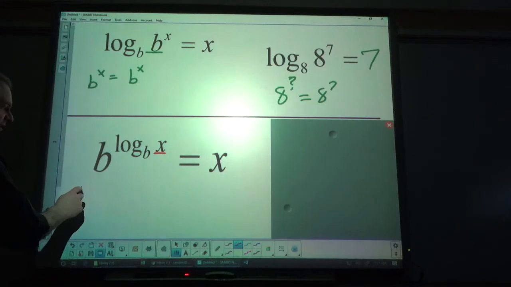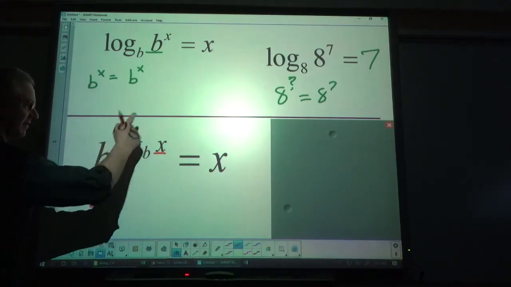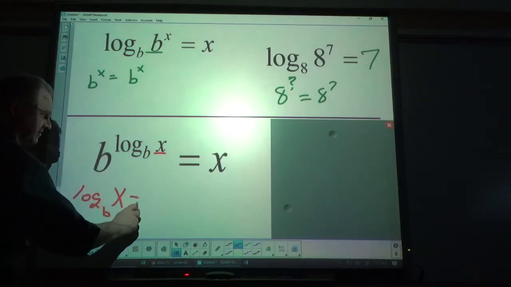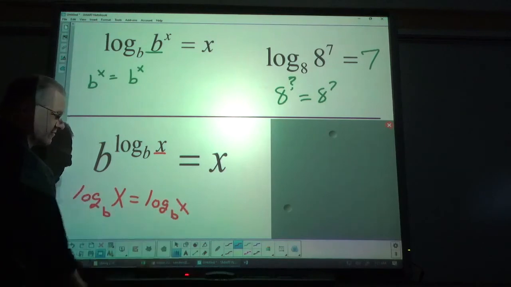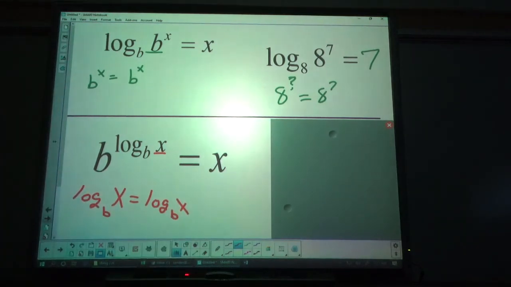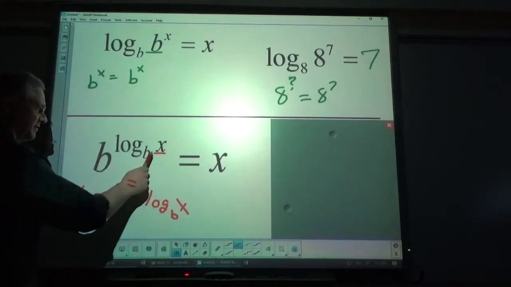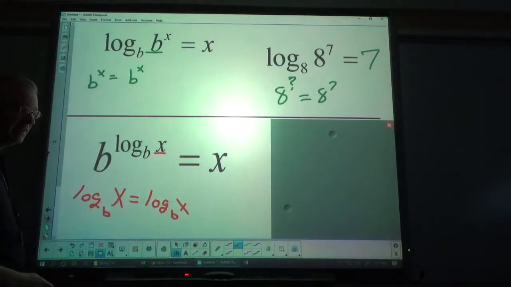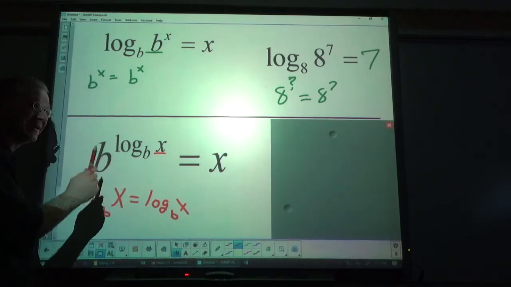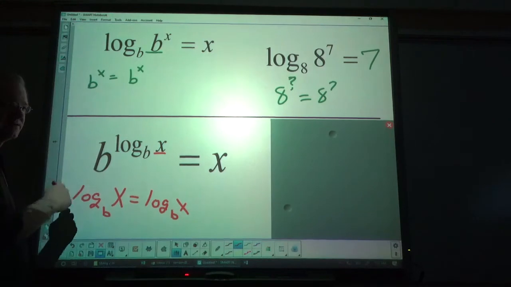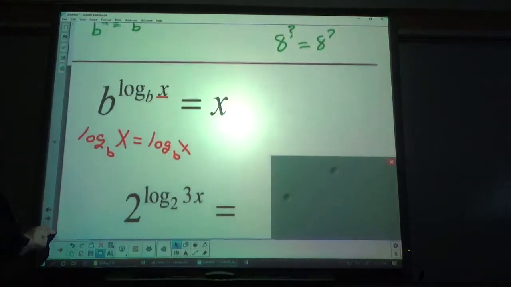If I write this as a log, log base b of x equals the exponent, log base b of x. So the answer is what you're taking the log of in the exponent when the base of the exponent and the base of the log in the exponent are the same. So do we have anything more after that? Yes, we do.